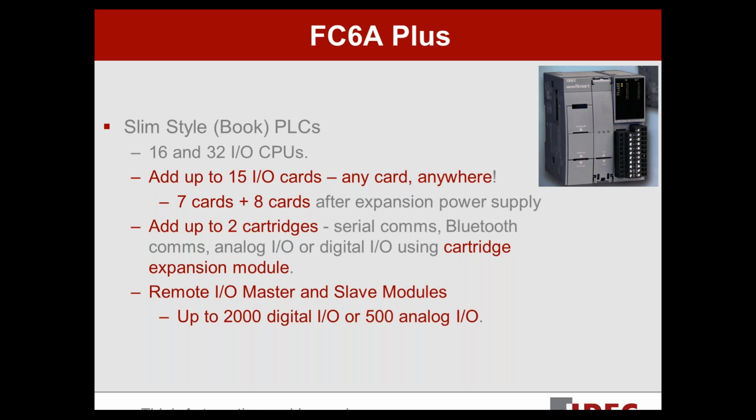Okay, and we'll show you that in just a second. You can also do remote IO, master, and slave modules on the FC6A Plus, which will allow you to extend that to up to about 2,000 digital IO or up to about 500 analog IO. And we'll go over an example of that in the software in just a moment.